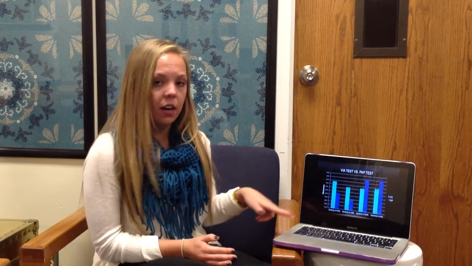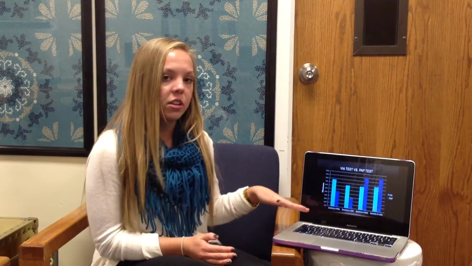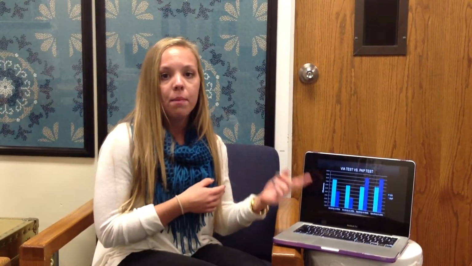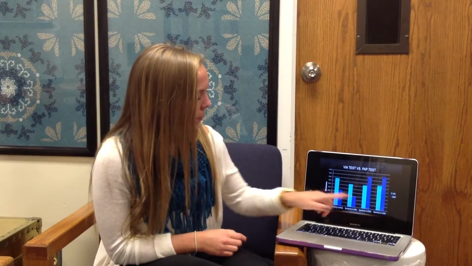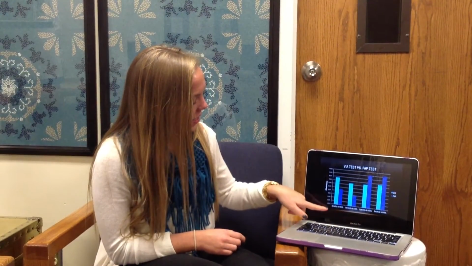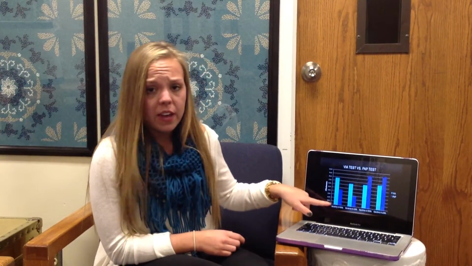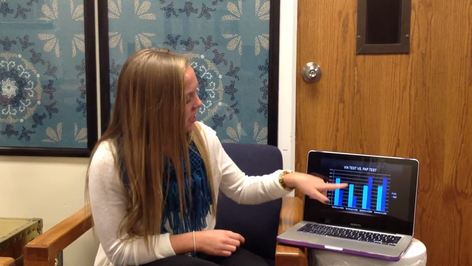This is a chart with the information gathered in a test run in Zimbabwe, comparing Pap tests to VIA. Each of the women that were involved in this test had both VIA and Pap. So the light blue is VIA, and the dark blue or purplish color is Pap. Over here on the left side, this is sensitivity. As we can see, the VIA scores higher in the sensitivity areas.